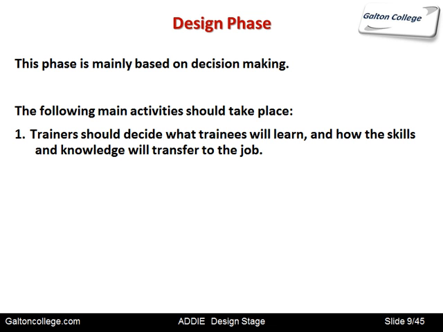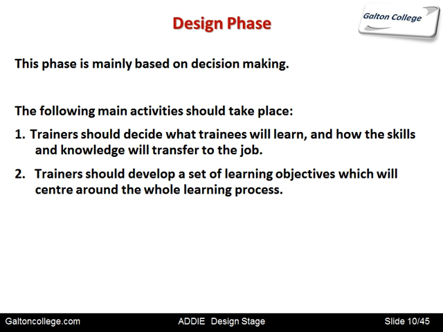So it's what are the outcomes, the desirable outcomes, and how can they be transferred into practice? How can they be implemented? So it's important for the trainer to have some grasp on what's required and also how it can be transferred into a usable working practice.